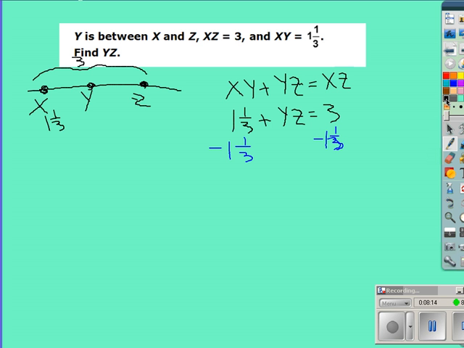And if you did your algebra correctly, your arithmetic correctly, 3 minus 1 and 1/3 ends up giving you 1 and 2/3 as your final answer. Be careful with your fractions. If you forgot how to subtract your fractions, go to khanacademy.com or some other site, or ask your teacher. Try and remember how to subtract your fractions.